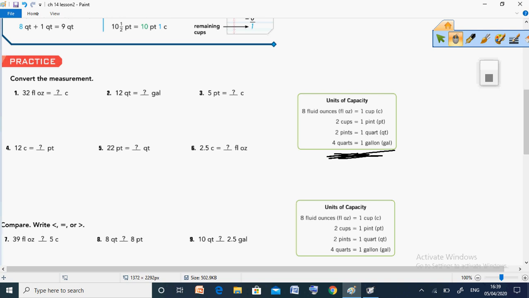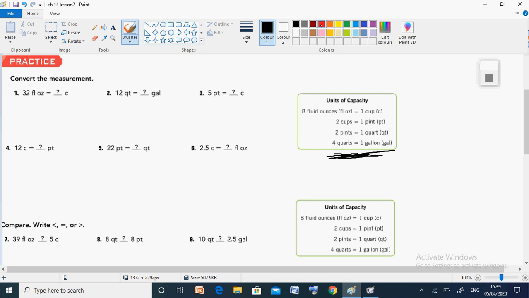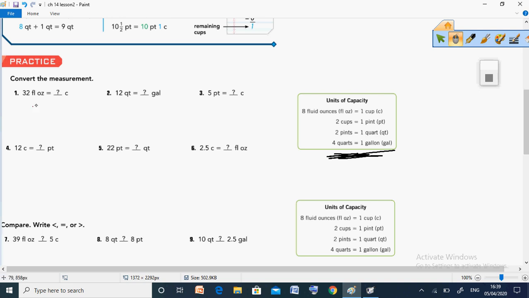Now let me change the color. So now I have 32 fluid ounces, or oz. I want to convert them to cups. So I need to check how many cups 32 oz equal.